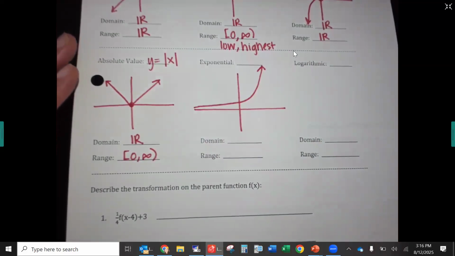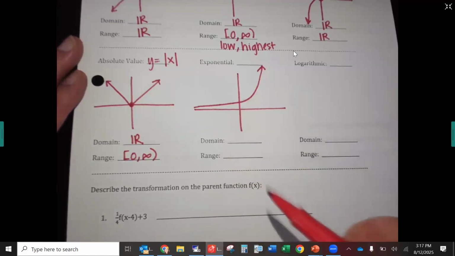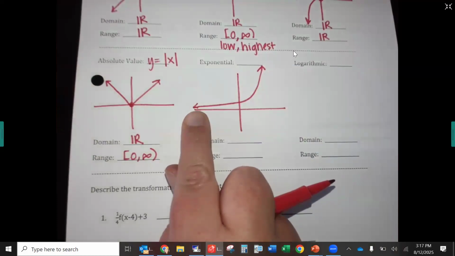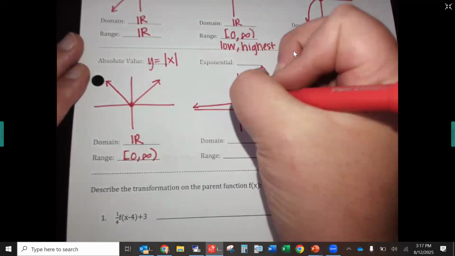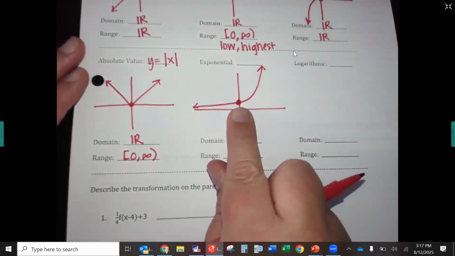Now, you should notice that this is the first graph that does not hit the origin. Okay, in fact, not only does it not hit the origin, but on this side, it never hits 0 ever. Okay? Does anyone happen to remember what number it crosses at here? Since it can't hit at 0?